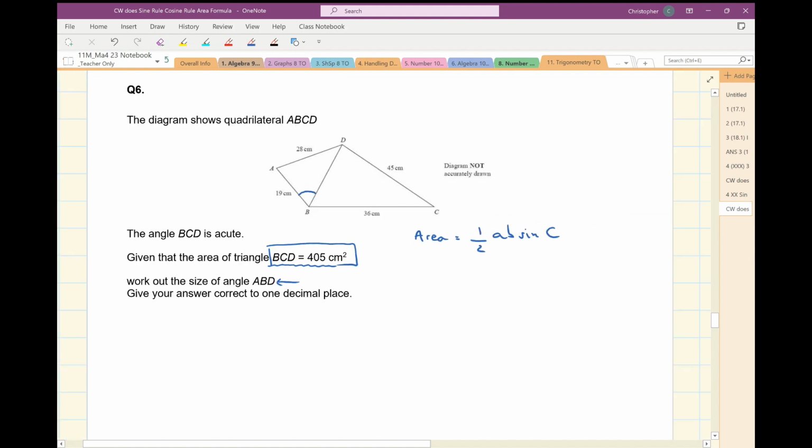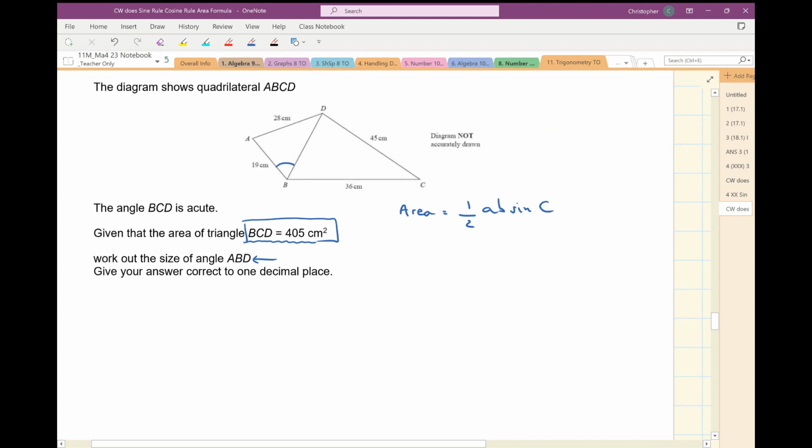Okay. Well, the first thing to do is to make a plan. Now, if I want to find that angle there, I could find that angle if I had all three sides of the triangle, because then I could use the cosine rule. So I'm wondering if there's a way to find this side here, which I'll call little a.